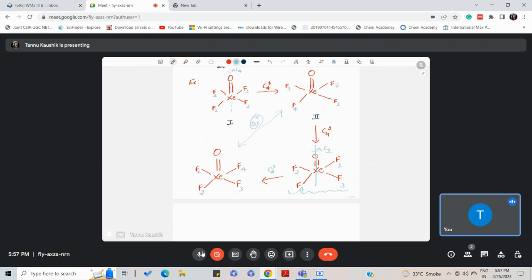So based on this, we classify C4^1 and C4^3 into one class and C4^2 into a different class. This is basically a clockwise 90-degree rotation, and this is an anti-clockwise 90-degree rotation of the first configuration of XeOF4.